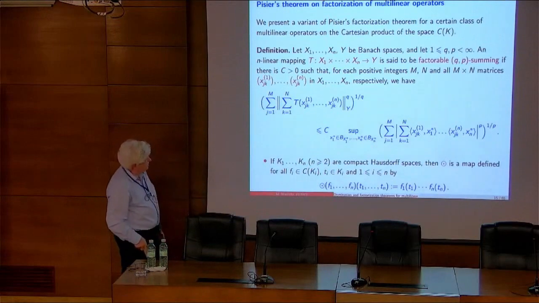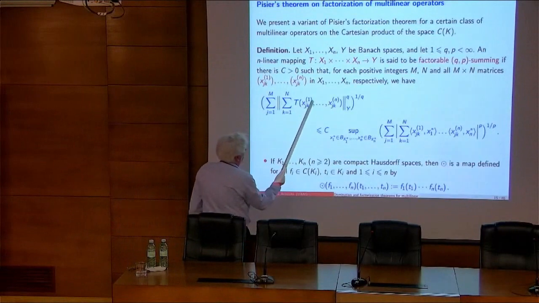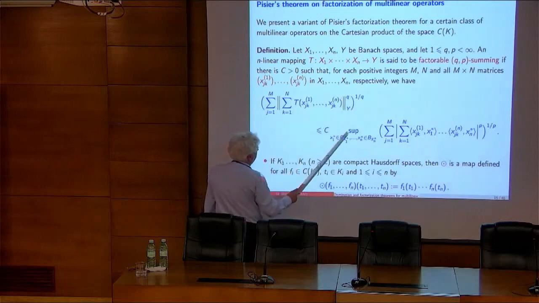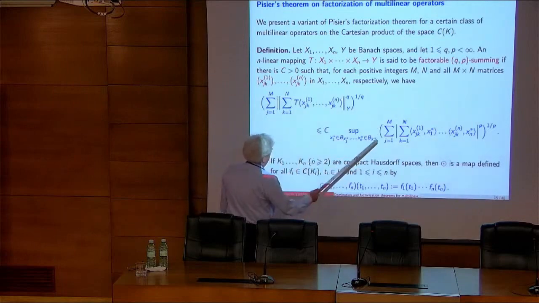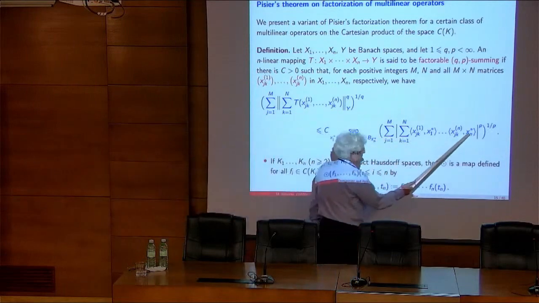You see, we do summation with respect to the second coordinates. And then next one, take the norms Q, the vector valued LQ norm, and we want to have estimation by the expression which involves functionals.